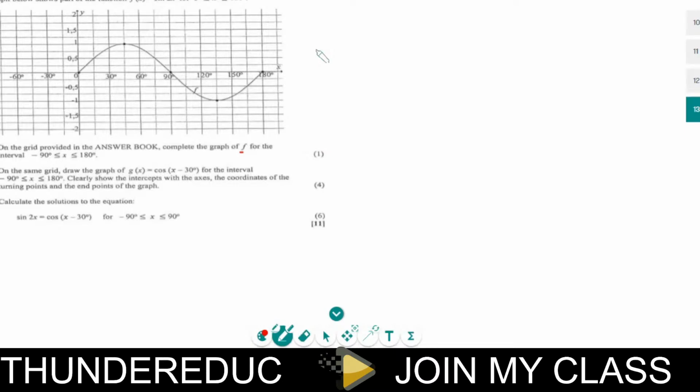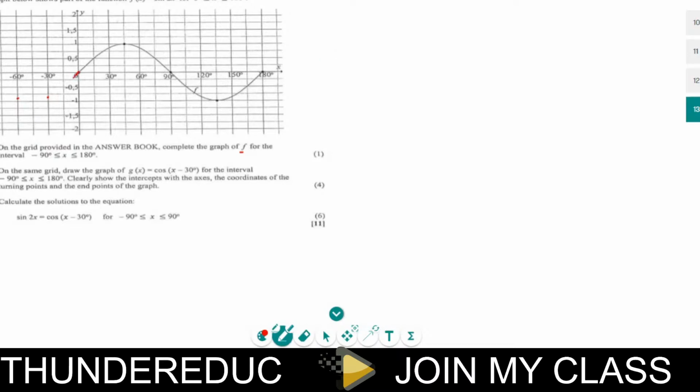From my calculator, I'm having negative 90 as 0, and then negative 60 as negative 0.8, which I can put somewhere there. And then negative 30 is still negative 0.8, which is somewhere there.